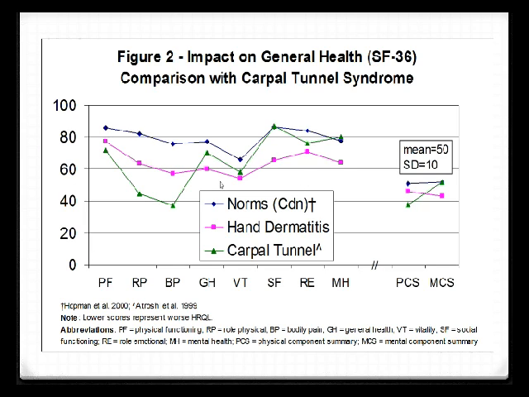What became quite interesting for us was when we looked at their vitality and their social functioning and their role emotional and their mental health, those were the things that were falling well out of line of Canadian norms and those with carpal tunnel syndrome. So it's that stress and strain not only on the physical functional component, but also on their mental health component.